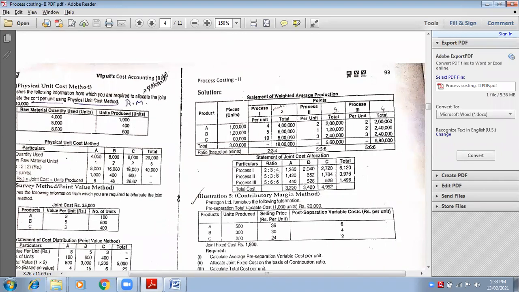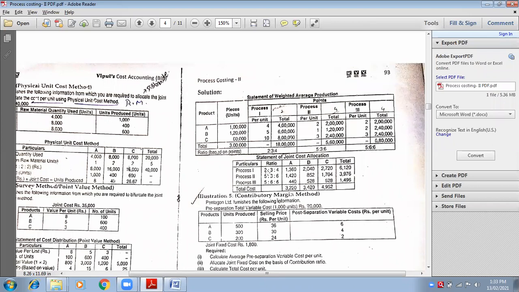Now 2 plus 3 plus 4, how much is the total? 9. Put it in the calculator. 6,120 divide by 9 into 2 is equal to, what is the answer? 1,360. Can you see in the table?